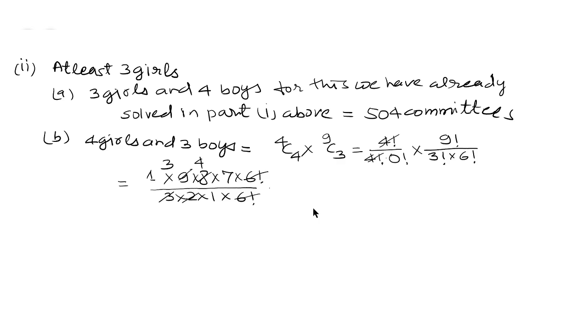So this is equal to 3 multiplied by 4 multiplied by 7, which is equal to 84.